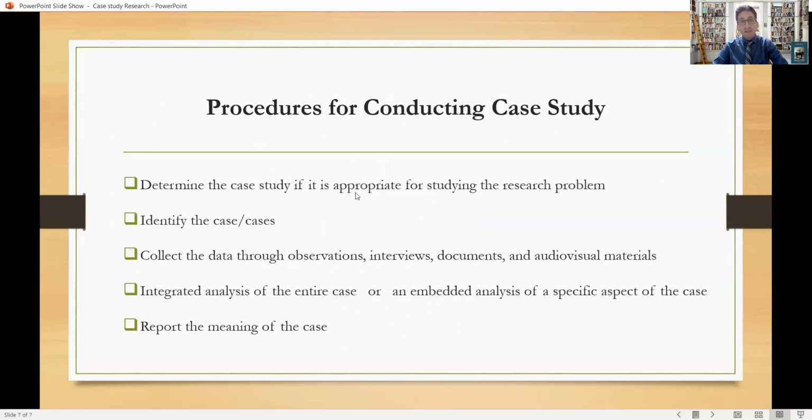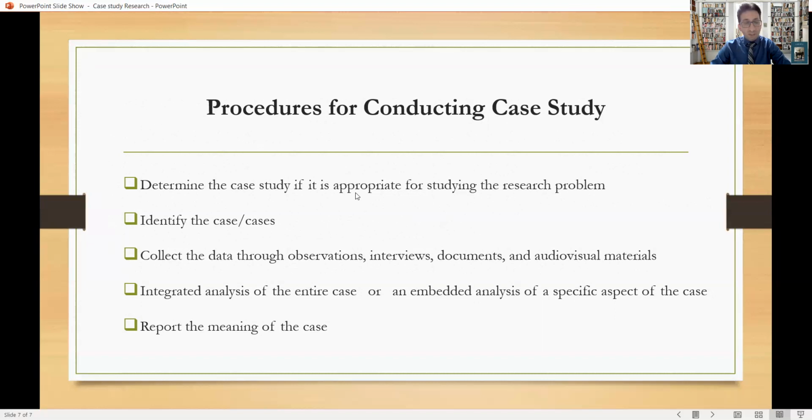Then at the end, we slightly focus on procedures for conducting case study. Firstly, researchers determine if a case study approach is appropriate for studying the research problem or not.